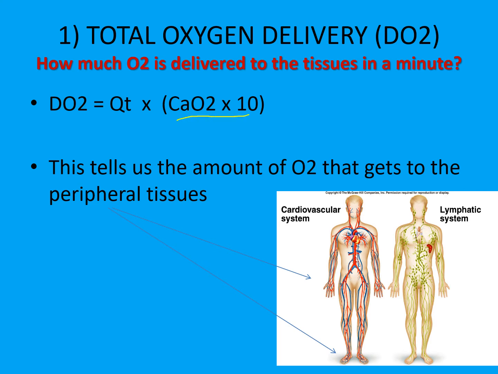Notice this is in parentheses. So you're just going to put a 0 onto the CaO2. You didn't hear that from me. So you're just going to take the CaO2 times 10, and then you're going to multiply that by the cardiac output. So remember, you always do everything in the parentheses first. So PEMDAS when we're doing this. So CaO2 times 10 times the cardiac output.